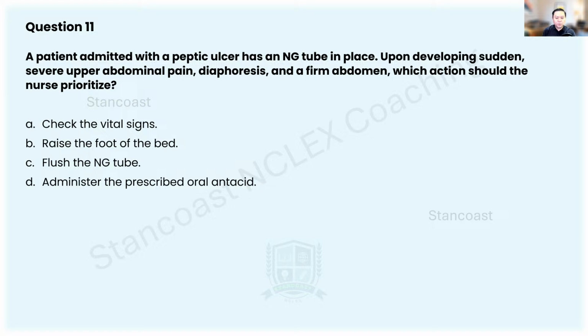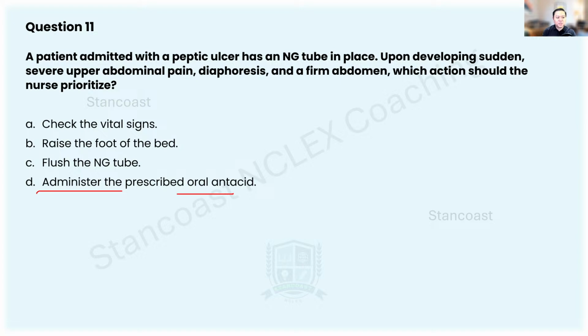What do you think would be your best bet this time? Okay, I'm seeing A's from Mary and James. There's more A from Anita. Very good. All right, let's try to eliminate the distractor here, which is basically letter D, administer the prescribed oral antacid.